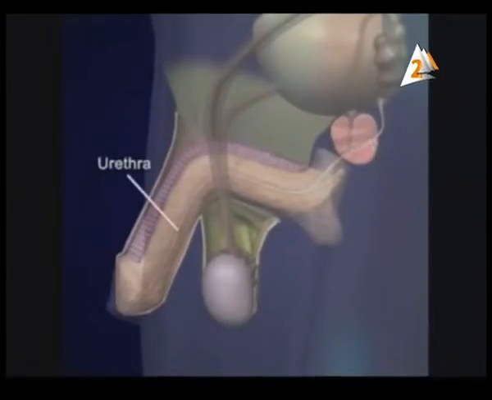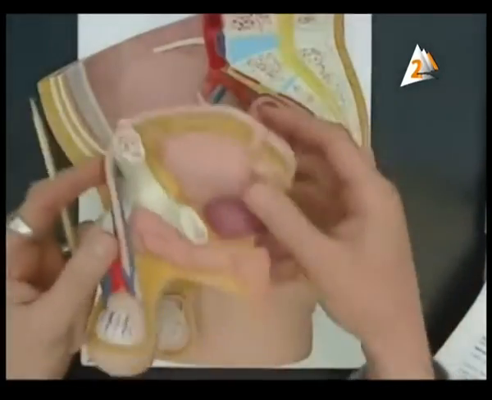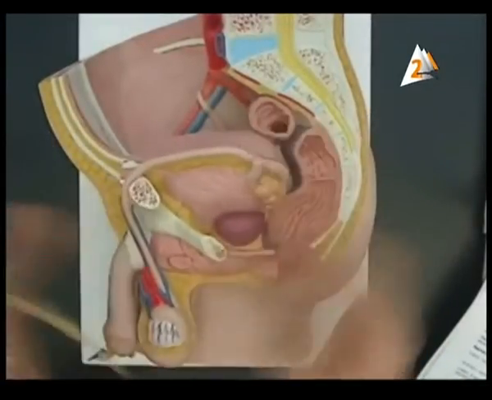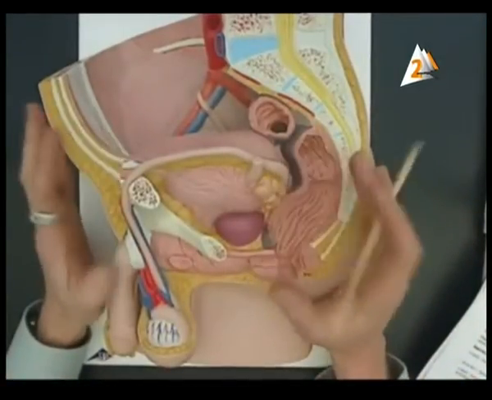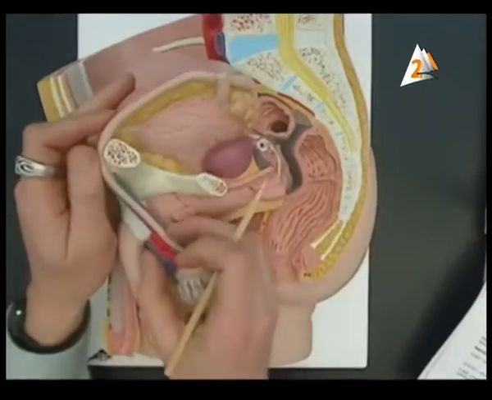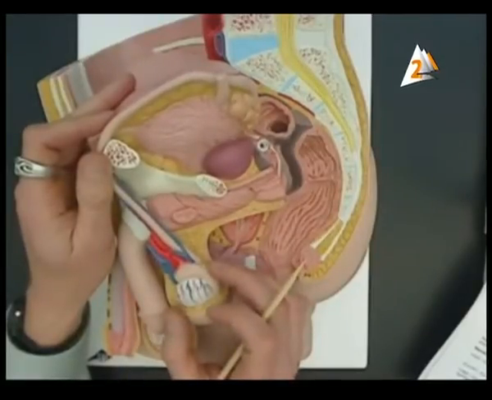Then we came to the final part of this system, which is the penis. The penis is a spongy tissue, a very soft one. The penis contains the urethra, where the sperm pass through it, and also the urine, but individually. That means when they are expelled outside the body, each one is expelled alone, at different times.